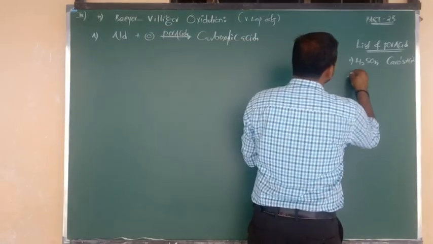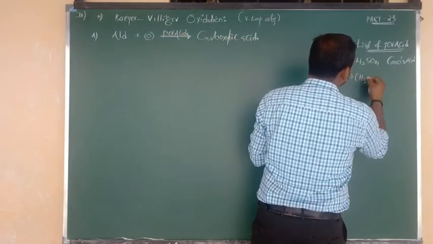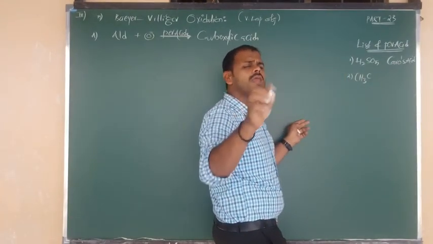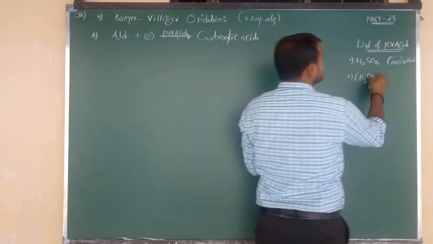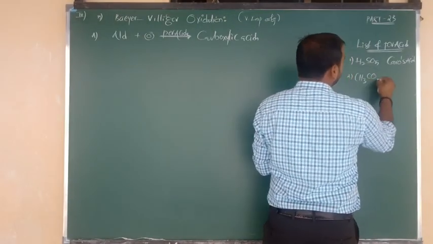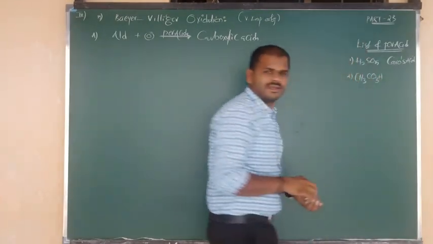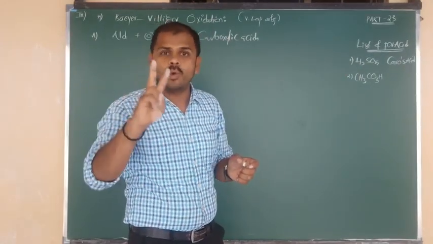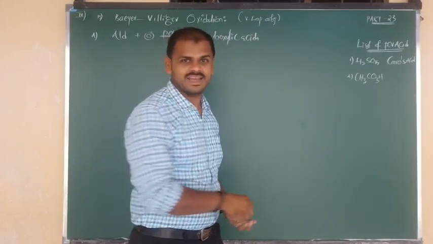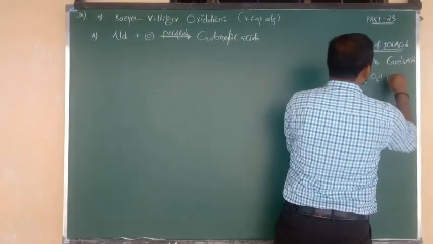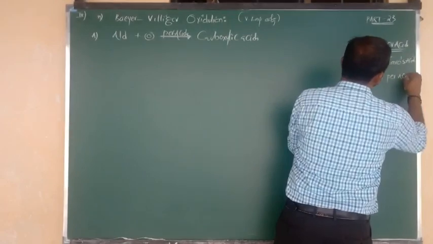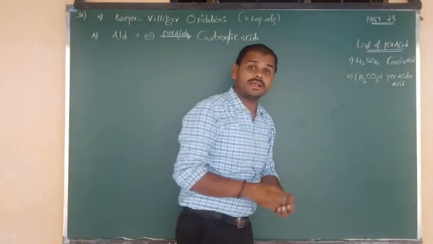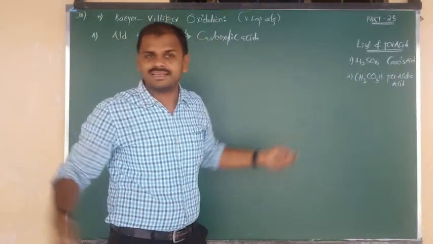Next compound: CH3 bonded to COOH, acetic acid. You have to add one more extra oxygen, so we get CH3CO3H. Actually, the formula of acetic acid is CH3CO2H, with 2 oxygens, but here 3 oxygens are there. CH3CO3H is known as peracetic acid, also called peroxyacetic acid.